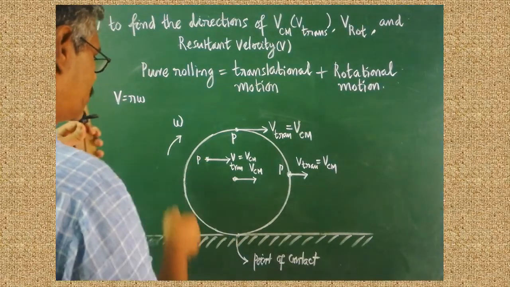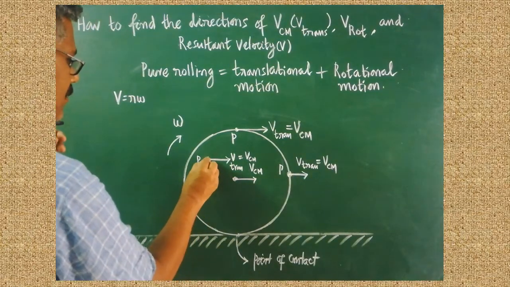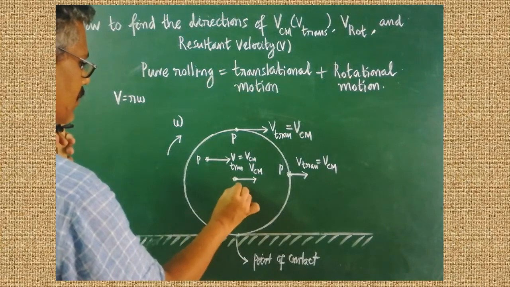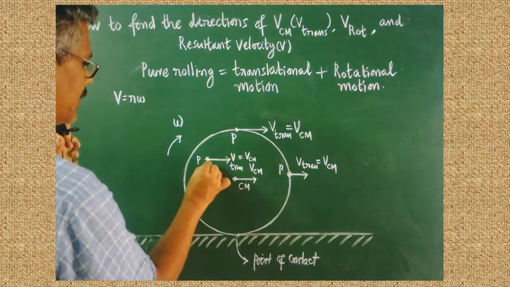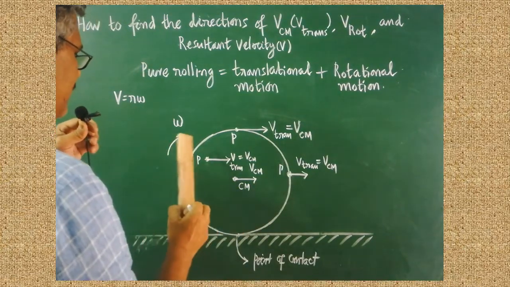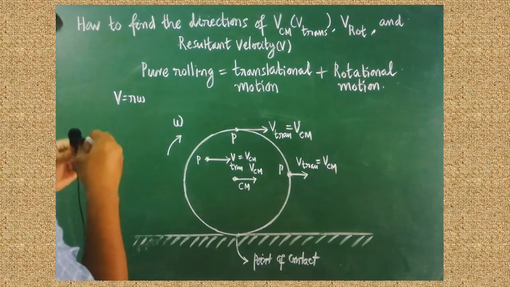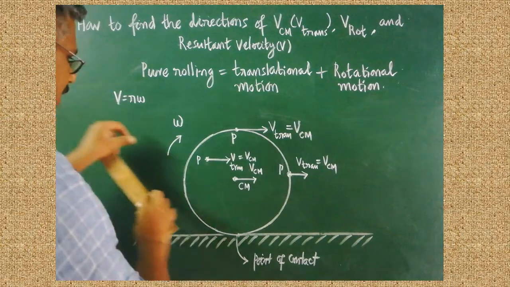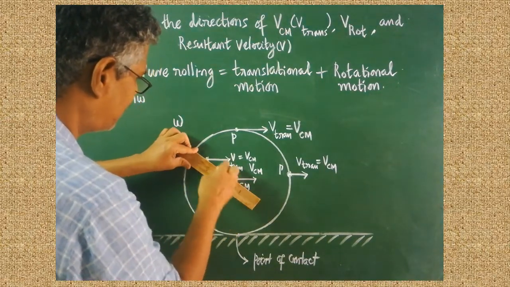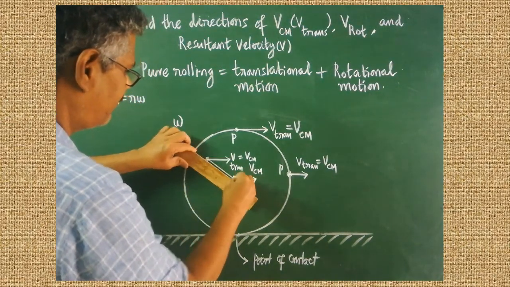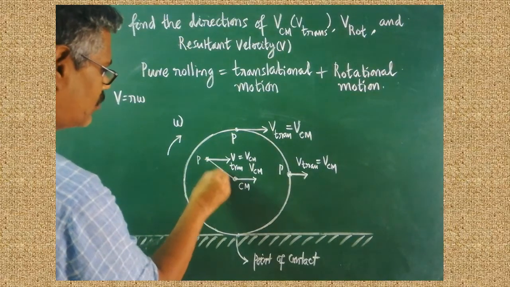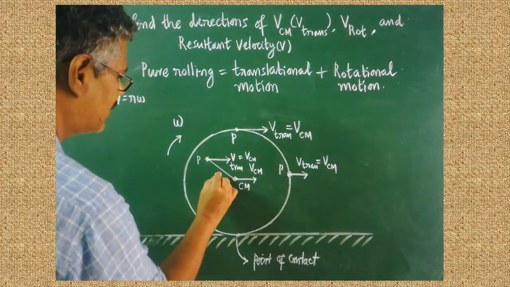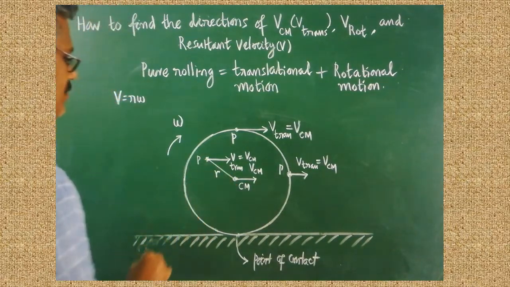First, what you have to do here is connect the point P and the center of mass with a straight line. These two points must be connected by a straight line. The distance is taken as small r.